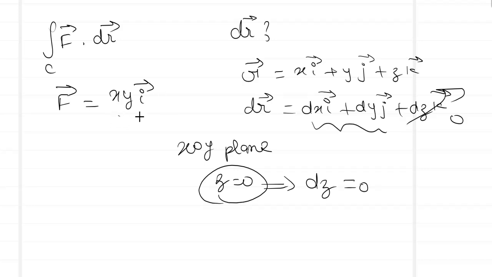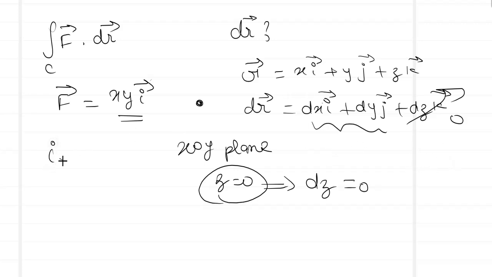But now get back to your f vector. This f vector has to be taken the dot product with this dr vector. So how to compute the dot product? i dot i, j dot j, k dot k. Only these will be equal to 1. The other mismatch combinations will be 0.